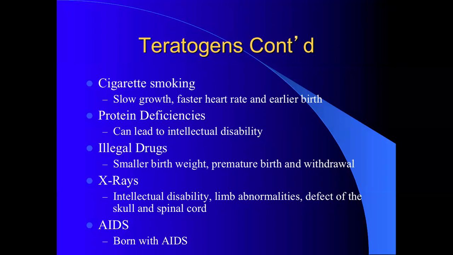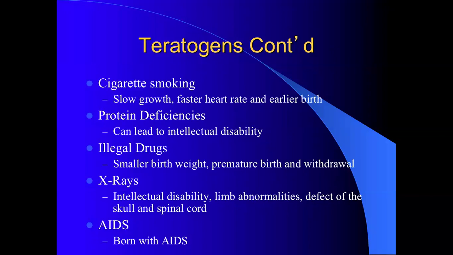Drugs. So we talked about alcohol. We talked about cigarettes. What about other drugs? Now, illegal drugs, we could be talking about cannabis because it's not legal in all 50 states. That's included in the illegal drug category. We could be talking about cocaine.